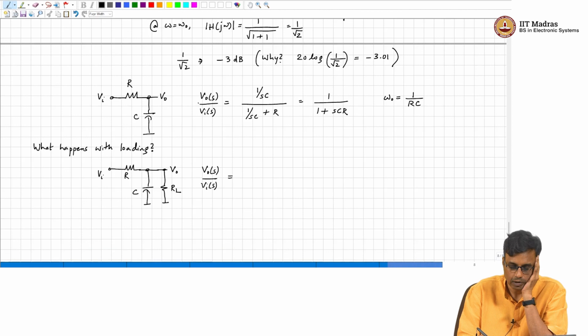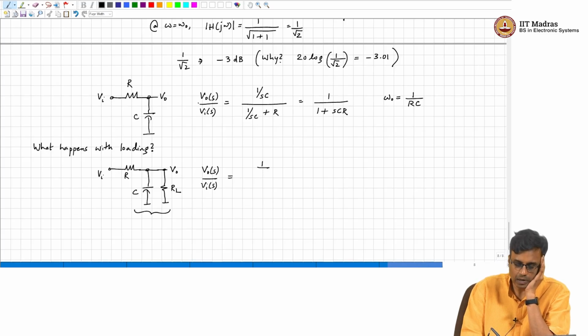So, what is VO of s by Vi of s? The impedance of this is nothing but RL times 1 over sC, divided by RL plus 1 over sC, which is nothing but RL over 1 plus sC RL.